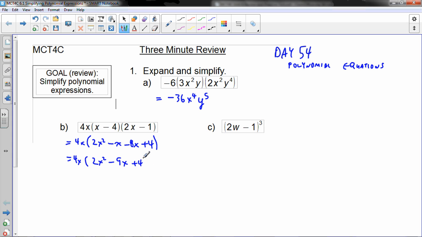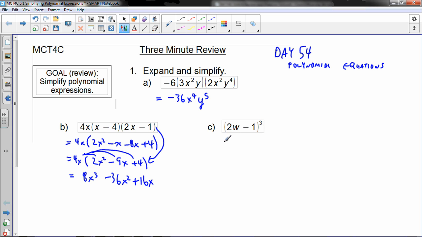It would be okay to go straight from there to there. And notice -8 and -1 is -9, so that's where you could skip that step. And then I'm going to multiply through by the 4x, everything in front times everything in the brackets, 8x cubed minus 36x squared plus 16x. Lovely.